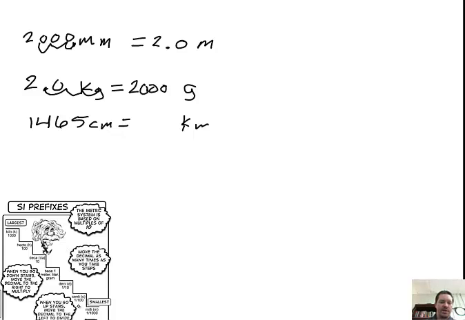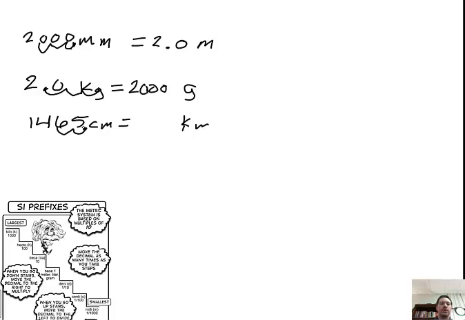So now we're at this step, and we're going 1, 2, 3, 4, 5 steps to a larger unit, so we're dividing by 10, 100, 1,000, 10,000, so we're dividing by 100,000. Or we're moving our decimal place to the left, 1, 2, 3, 4, 5 places.